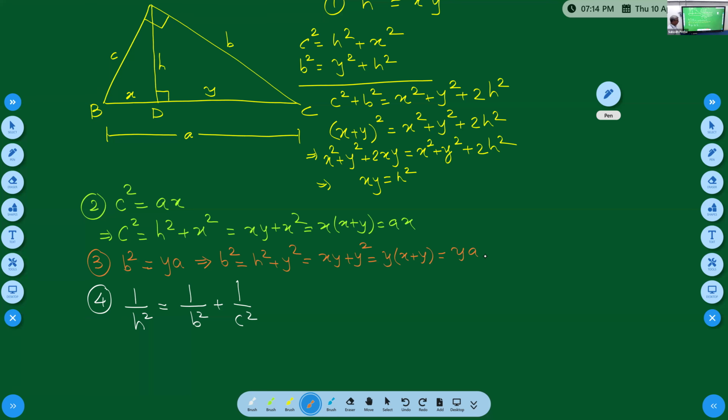Last result: prove that 1 upon h square is equal to 1 upon b square plus 1 upon c square.